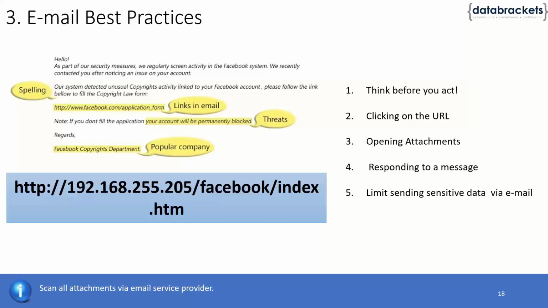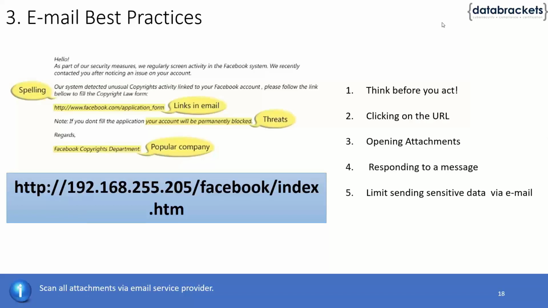And then any network that they are connected to, it infects the network as well. That's how, with some of these emails, you need to be extremely careful, and we have some best practices that are listed in here.